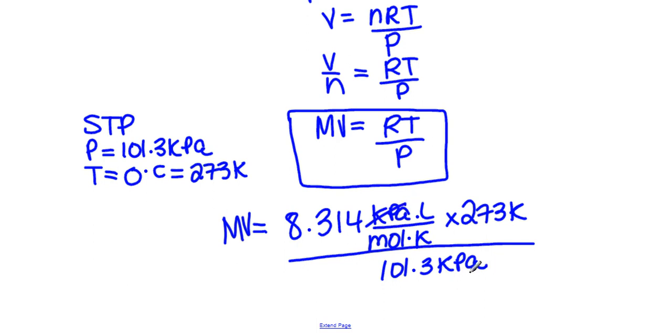Kilopascals in the numerator, kilopascals in the denominator. Kelvin in the numerator, Kelvin in the denominator. And our units that are left are liters over moles. That's for molar volume, so that's great. So now plug this in your calculator, and we'll round to 3 significant digits here, and you should see that you get 22.4. So try to plug it in your calculator and see what you get.